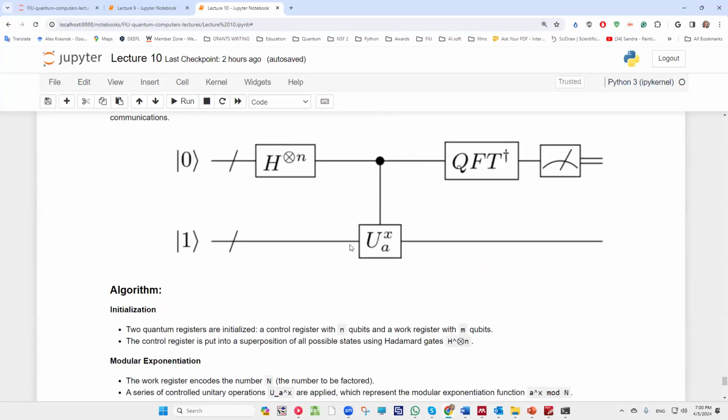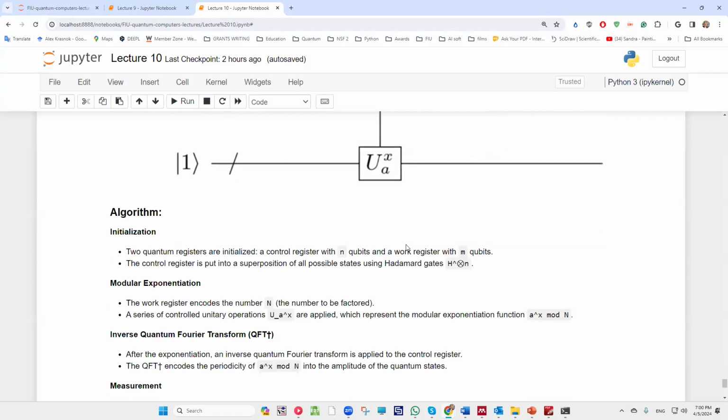Then all these qubits from the first group and the second group are coupled through these control gates, which are phase gates that depend on the state of the work qubits.